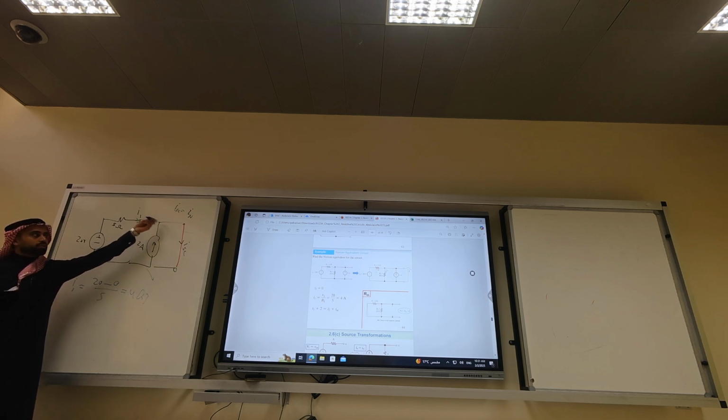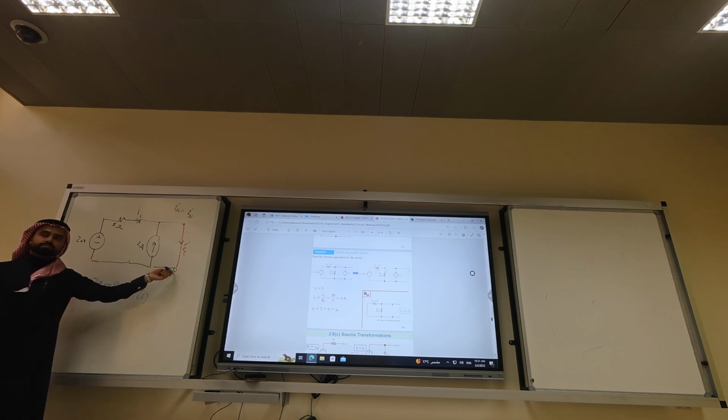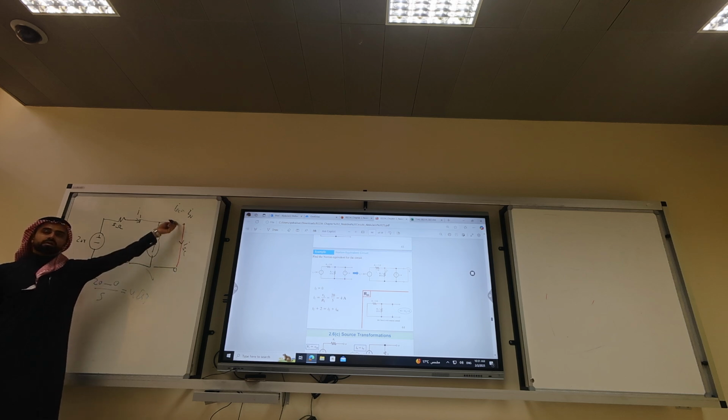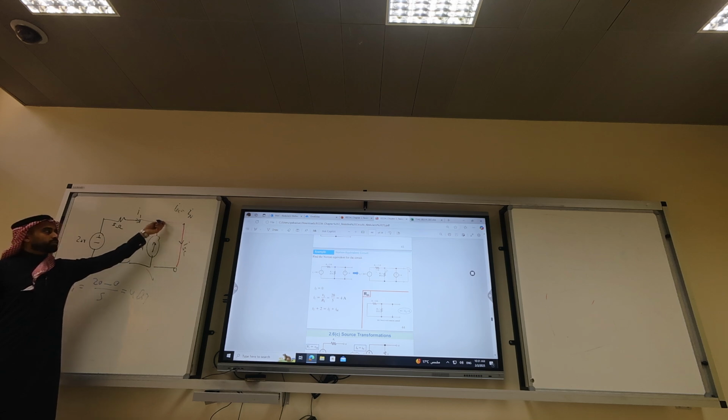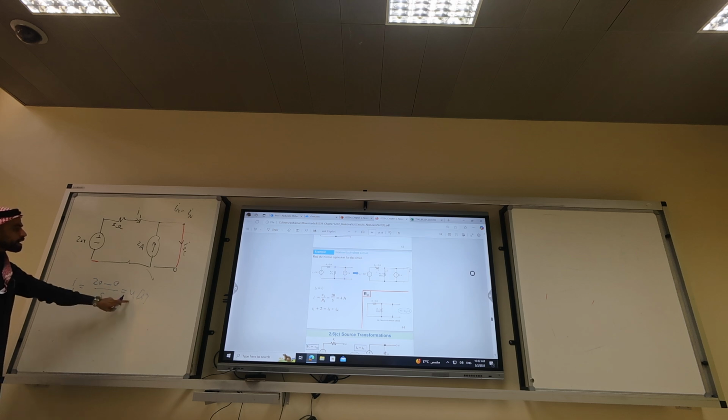What's the voltage drop here? 0. This is a short circuit. So what's the current? It's 20 minus 0 over 5, so that's 4 amps.